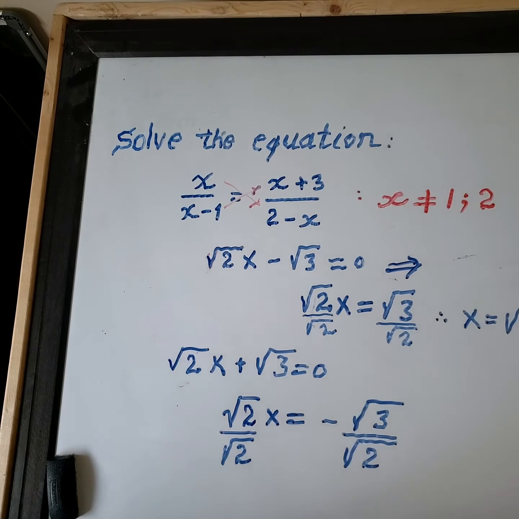This gives me x is equal to negative square root of 3 over 2.